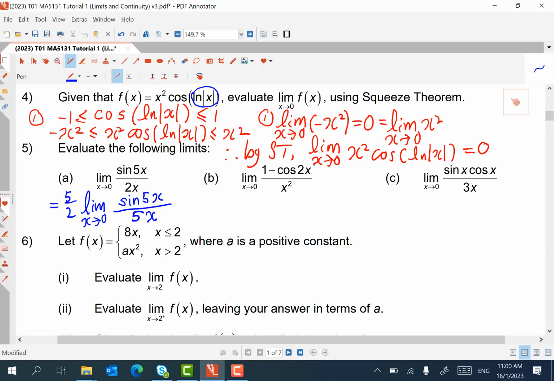Okay. For 5A, I don't suggest you do so, because you shouldn't use the squeeze theorem for number 5A. You did, like Aiden. Squeeze theorem for 5A. How do you do the squeeze theorem?